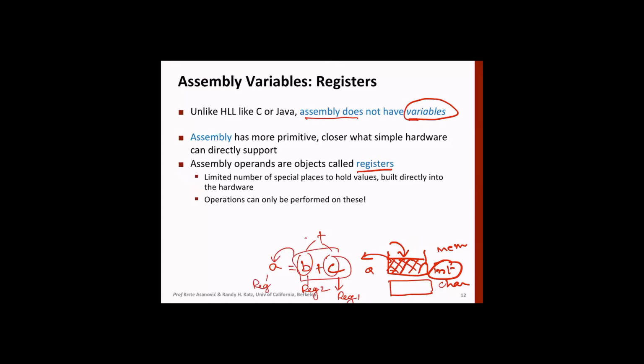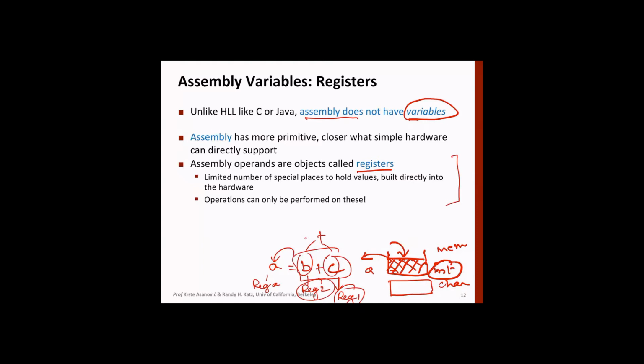Now it is your responsibility as a programmer to make sure how these values b and c are interpreted and what these registers will contain. It may contain an integer, it may contain a char or whatever. That is all left to the programmer's interpretation. Any question on this one?